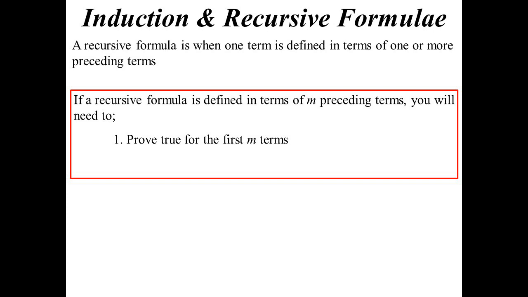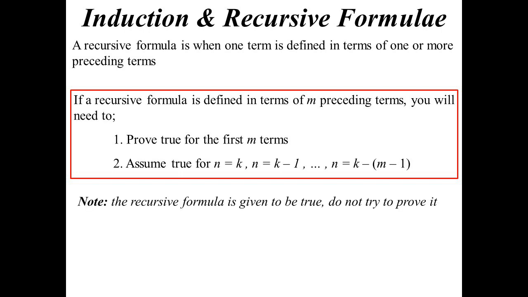So whatever that happens to be. Then assume it's true for n equals k, k minus 1, and so on, however many terms we've got. One of the biggest mistakes is people try and prove the recursive formula. No, the recursive formula is a fact. It's given to you, so you can just use it. You don't have to prove it.